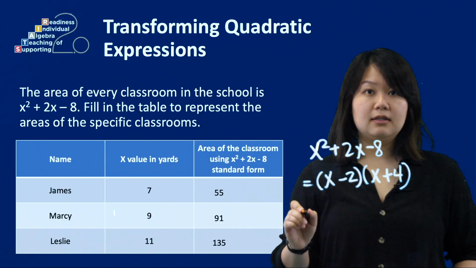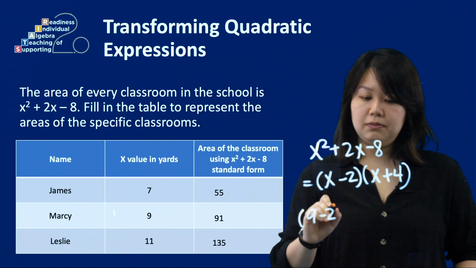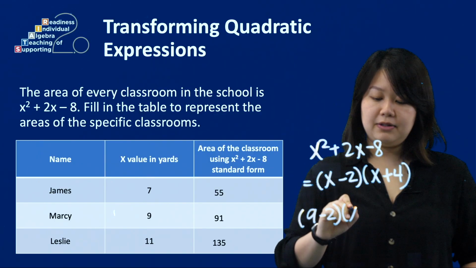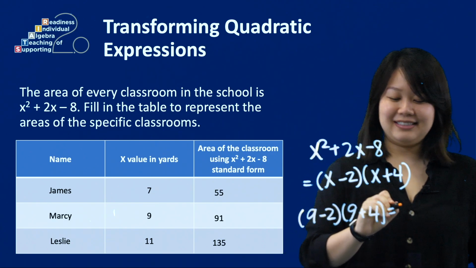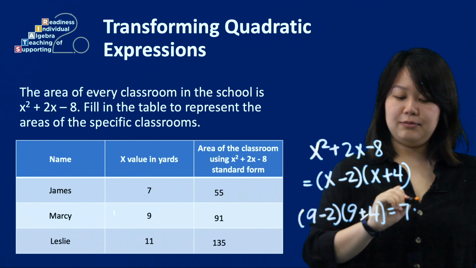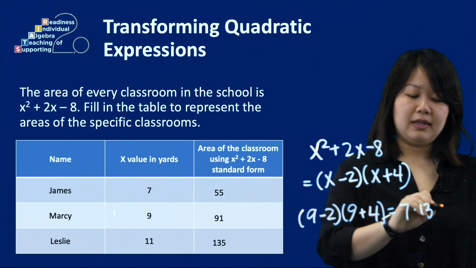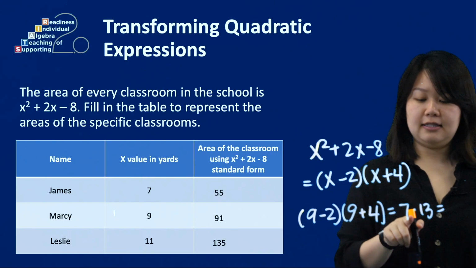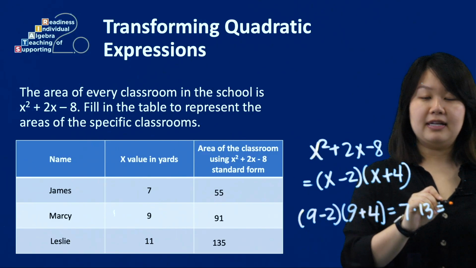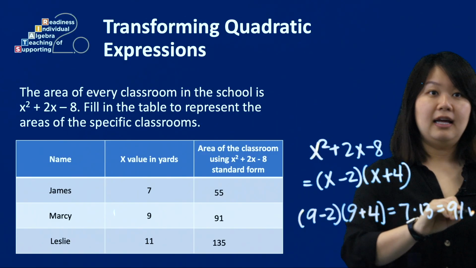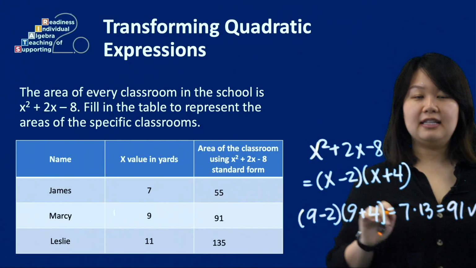So we can say 9 minus 2 times 9 plus 4 equals 7 times 13. And 7 times 13 is 7 times 3, 21, plus 7 times 10, 70. 21 plus 70 is 91. And it checks. It matches the answer.